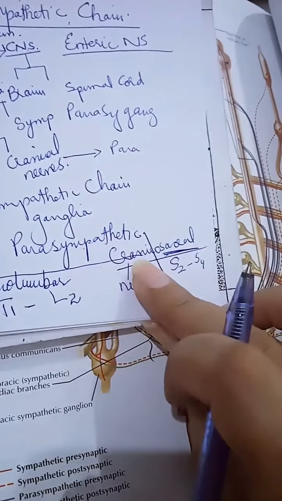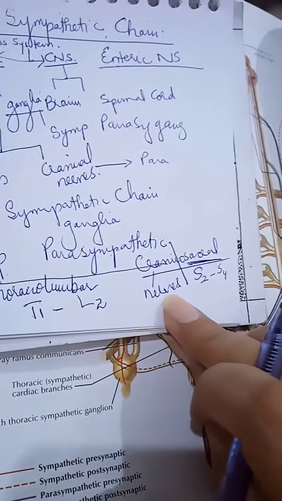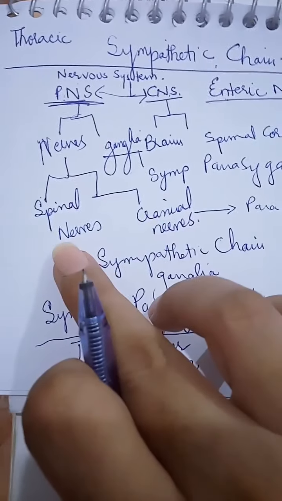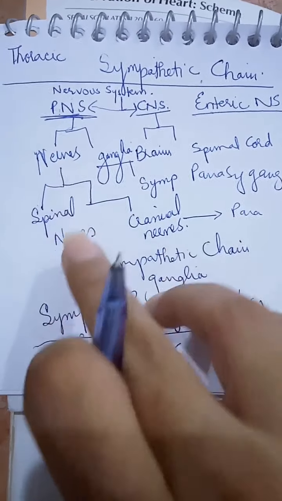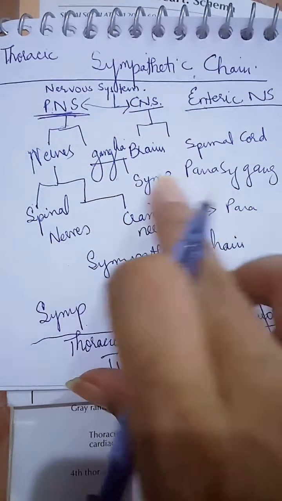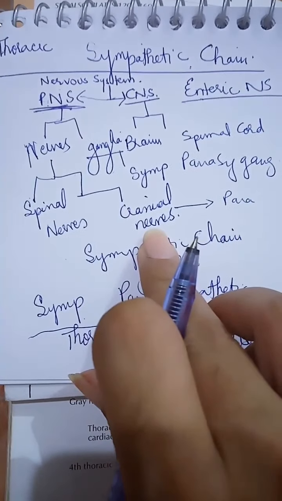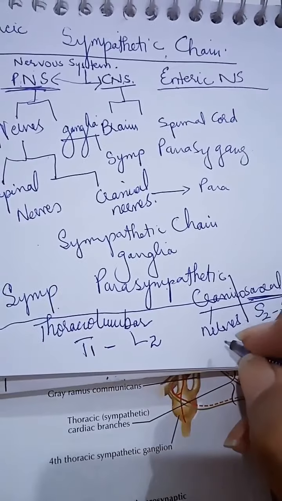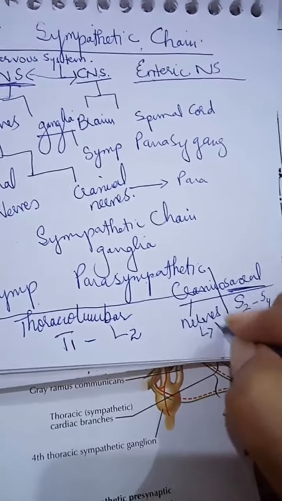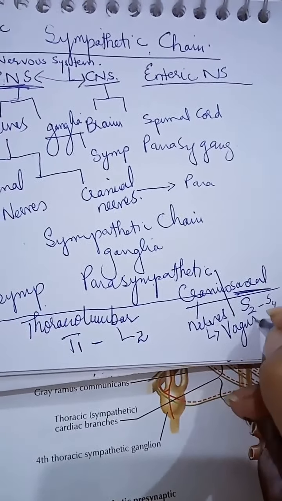Whereas when we talk about the cranial part, there are many cranial nerves. You see, in the peripheral nervous system there were the spinal nerves and the cranial nerves, and many of the cranial nerves carry parasympathetic fibers. I'll give you only one example: the vagus nerve.